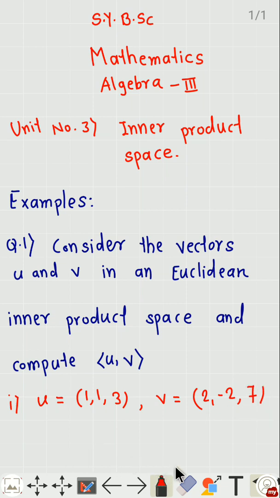And in the second case, vector u is equal to (1, -1, 6, 2), and vector v is equal to (6, 6, 7, 4).